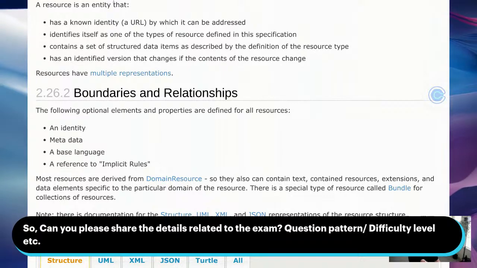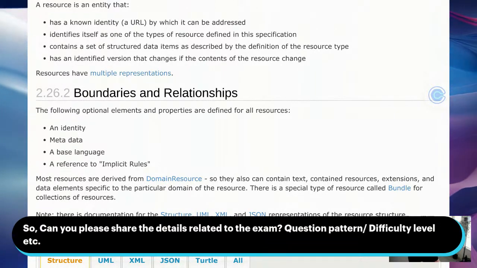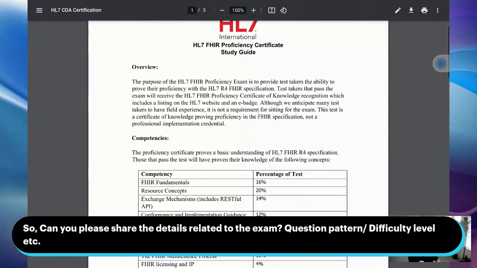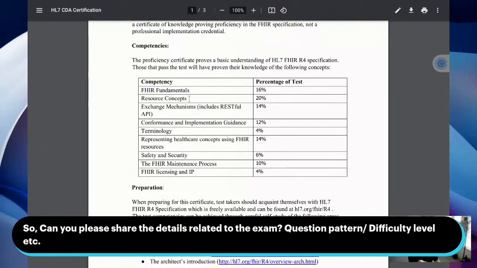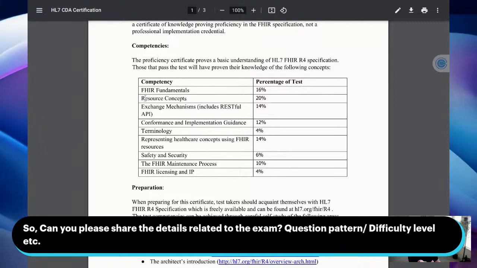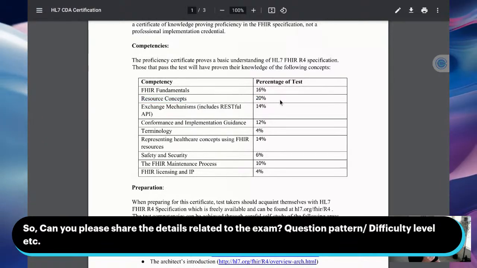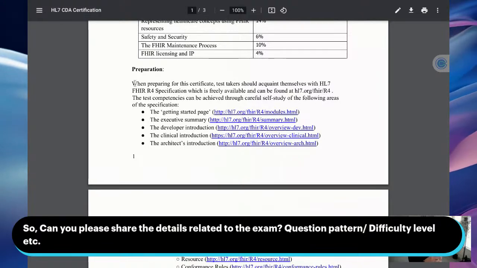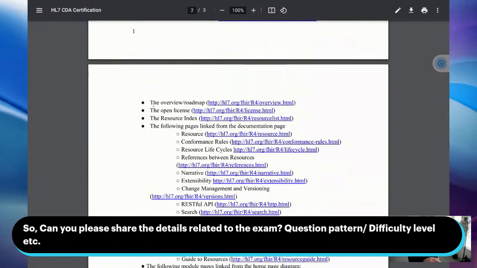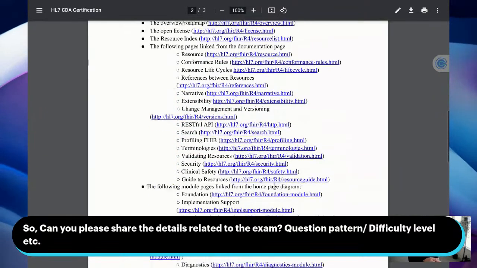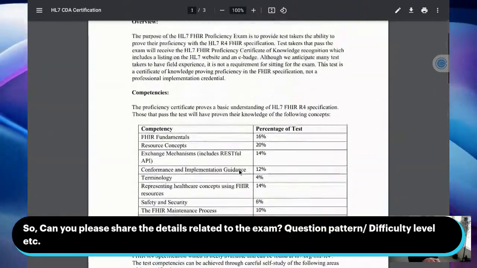Flashcards, which I used quite a bit to study, are a great way to prepare for the exam. But the best way to study, especially for resource concepts, because it was 20% of the exam, is just to read through the whole thing. I think that's the best way to study for this exam. You just need to memorize everything. Go through every single page that you see linked and read it. I think that's the best way to prepare.